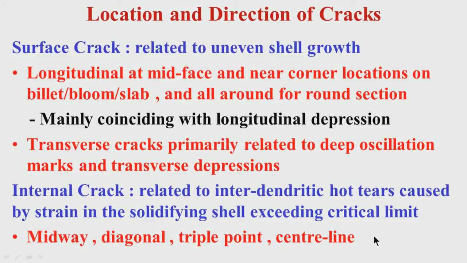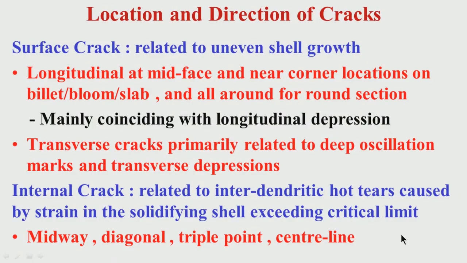That particular area will have more enrichment. So we have centerline problems. There may be cracks, there may be segregation. So internal crack at the center line is a problem, because of the poor cast structure we can have cracks at the center line.